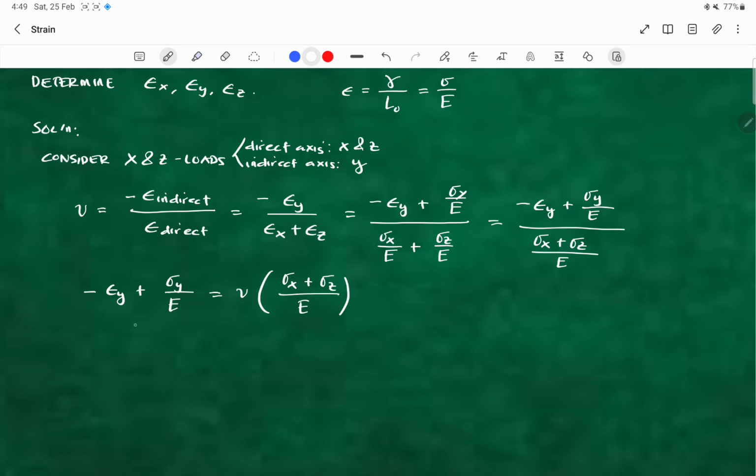So, transpose ko yung y dito. Ayan, lipat ko yan dito, tsaka ito ilipat ko dito. Okay? So, magiging ano yan, ha? Yung strain ng y is equivalent to stress of y over e minus yung Poisson ratio sigma x plus sigma z all over e.